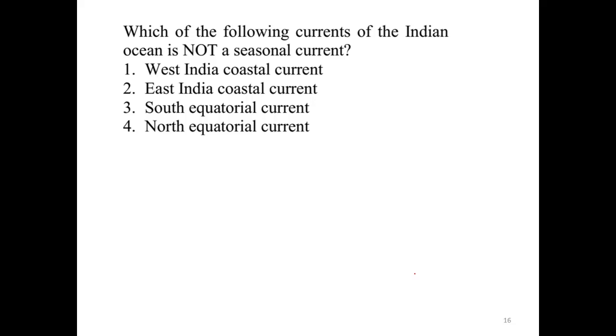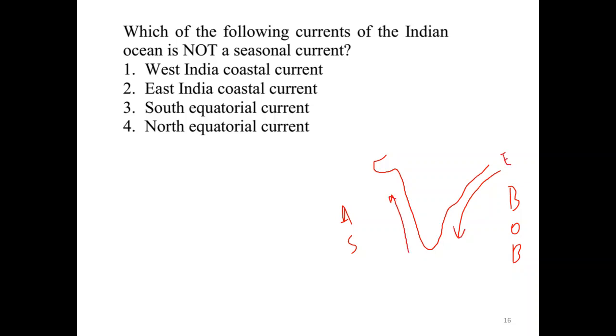Of these options, if you look at this peninsular map of India, here we have the Bay of Bengal and here we have the Arabian Sea. These two currents are called the East India coastal current and the West India coastal current. They are seasonal currents driven by the monsoonal winds.